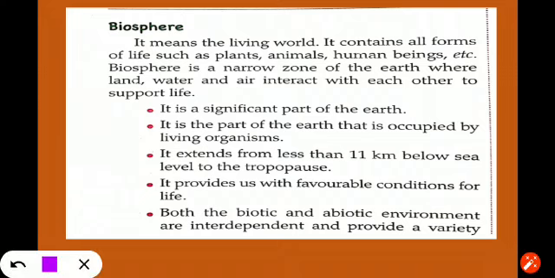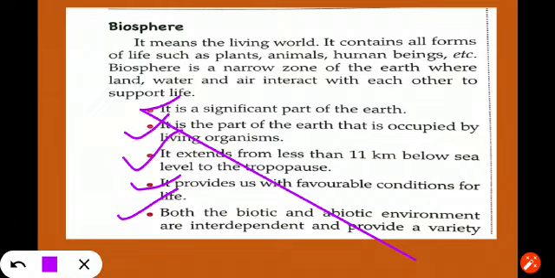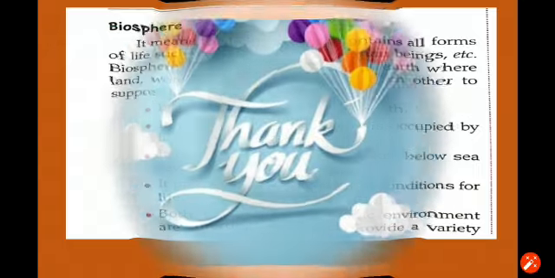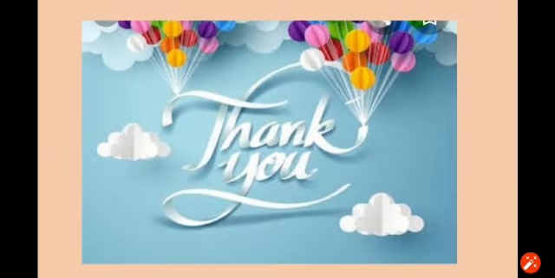And both the biotic and abiotic environment are interdependent and provide a variety. So, today we have already discussed about environment, and the term environment is derived from a French word.